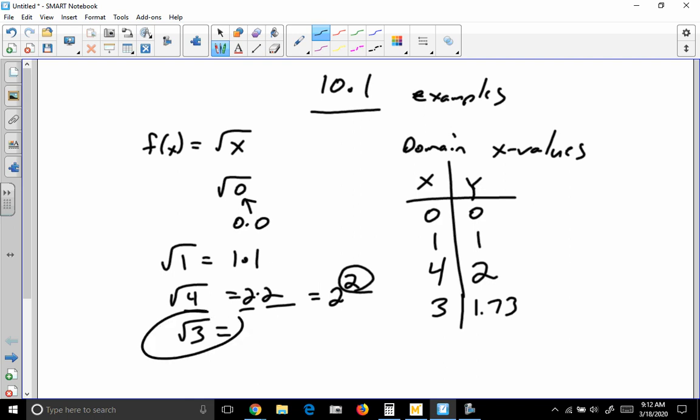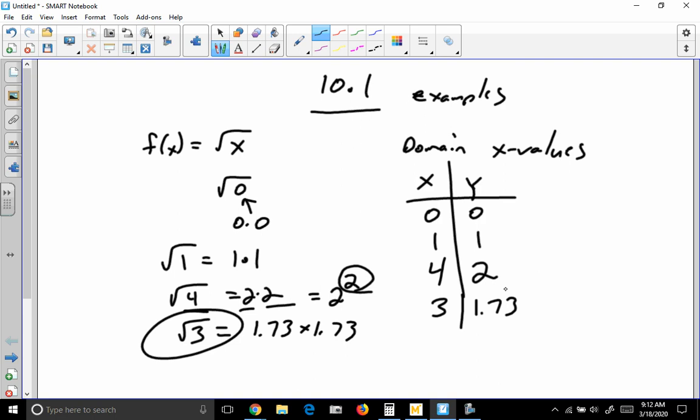Now, that is referred to as an irrational number because we can't represent that as a fraction of one integer over another one. But all of these numbers have square roots because when we take a number times itself, it gives us what's under the radical.